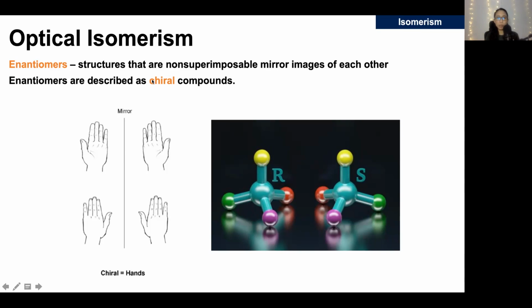The term used to describe such structures is enantiomers. Enantiomers are described as chiral compounds. As we shall see later on, we will see what chiral means. For now, you just have to understand that enantiomers are non-superimposable mirror images of each other.